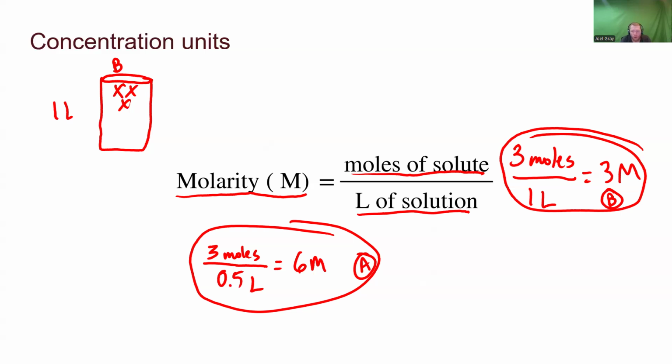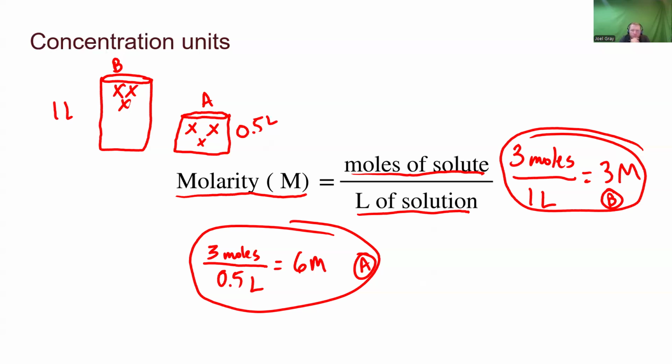Now, to draw solution A, well, what's the difference between these two? The volume of solution A is 0.5 liters, so the volume is less. Do we have the same number of moles? We absolutely do.